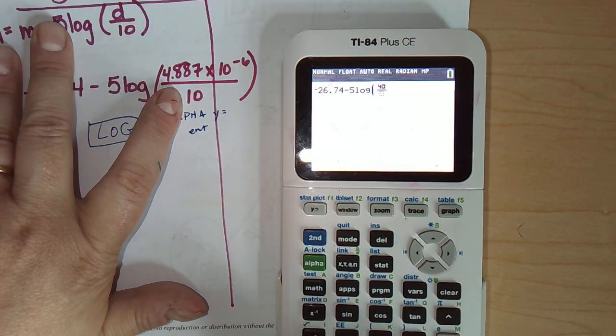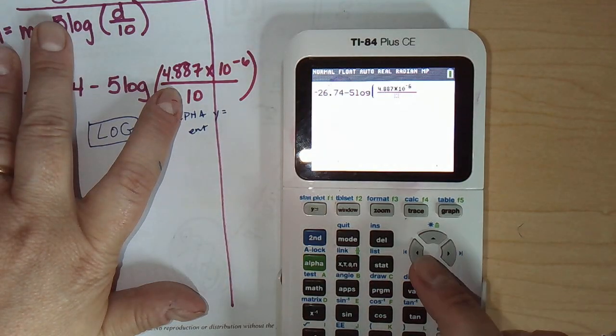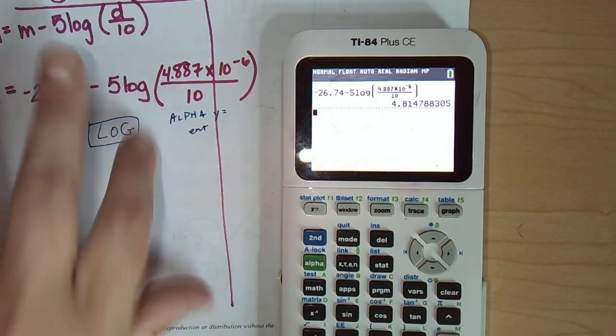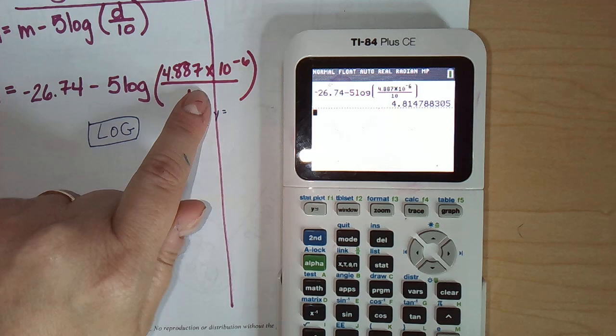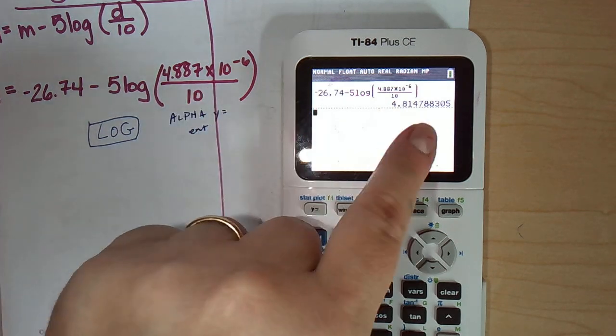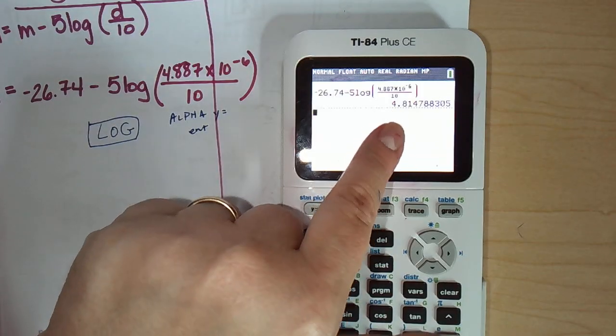On the top, 4.8810 times 10 caret negative 6. Down below, 10, out to the side parentheses. Okay, it looks like we have 4.8.